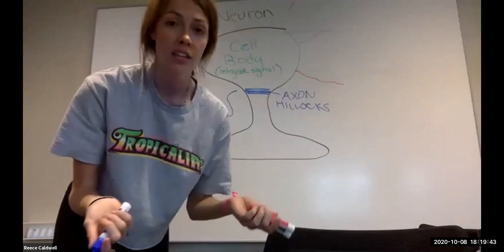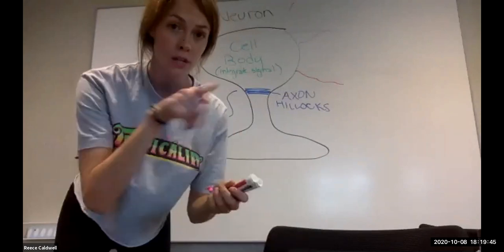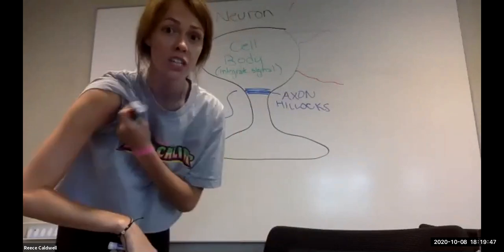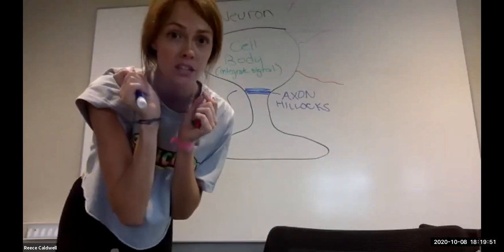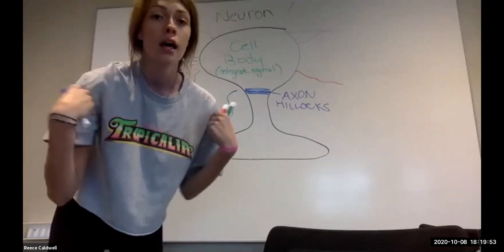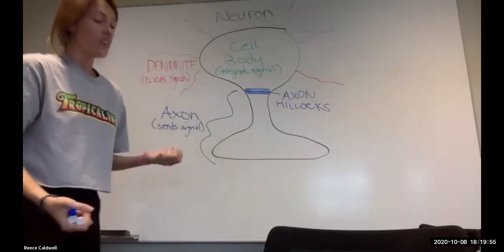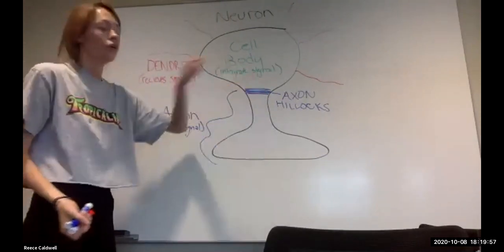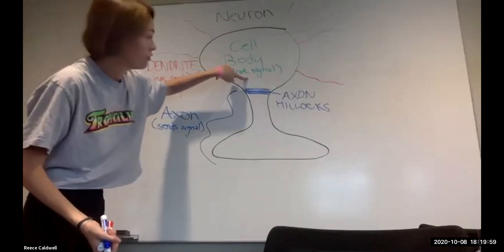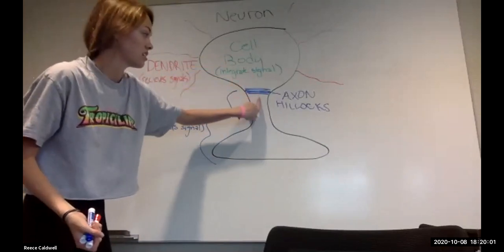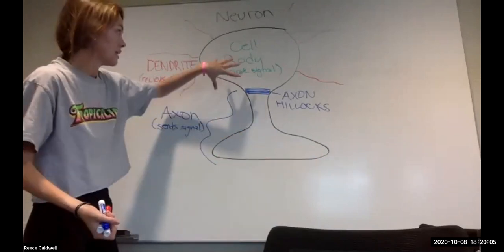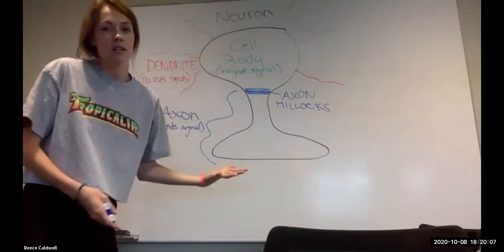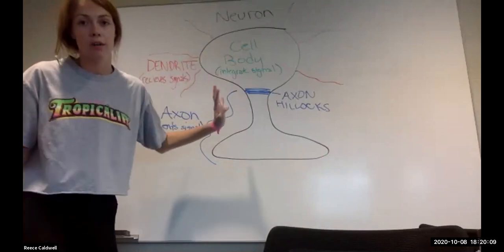So the mosquito lands on you, vomits on you, numbs that area. That's why you normally don't feel when a mosquito lands on you, and you don't feel it when it pricks you with its little nose thing. Because of that, that signal would not be strong enough to pass the axon hillock and go all the way down and be sent. The cell body would decide, oh, it's not strong enough, just get rid of it.